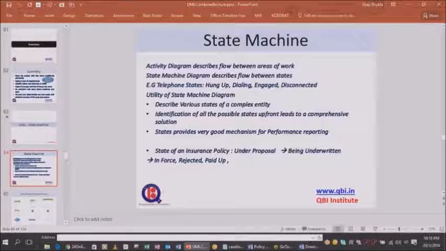So what we capture is basically the life cycle of the entity. For example, human beings also follow a linear life cycle that includes birth, infancy, childhood, adolescence, youth, middle age, old age, infirmity and death.